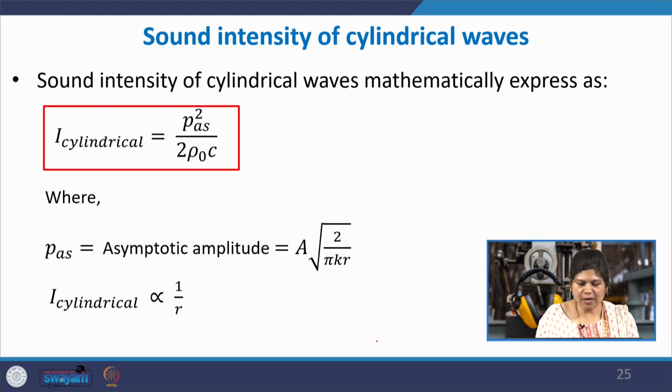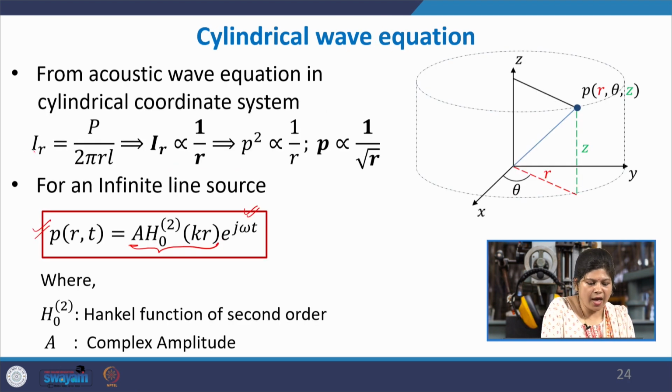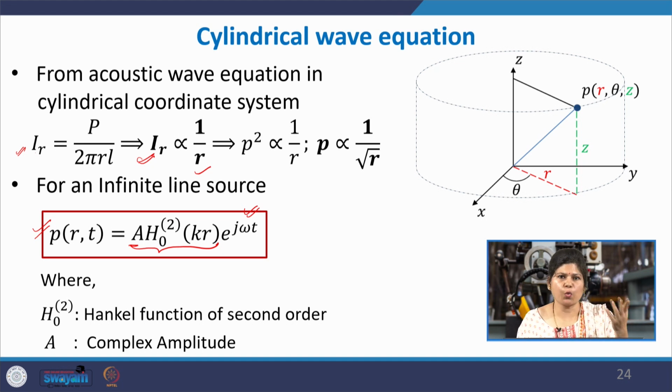So, ultimately, the intensity I(R) is P by 2 pi R L, which means the intensity is inversely proportional to R. In spherical waves it was inversely proportional to R square, which we call the inverse square law. In the cylindrical case it is just inversely proportional to R. So, the pressure is actually inversely proportional to the root of R.